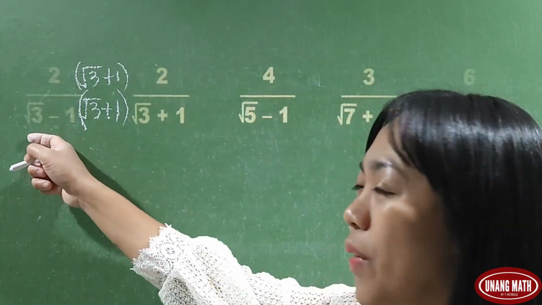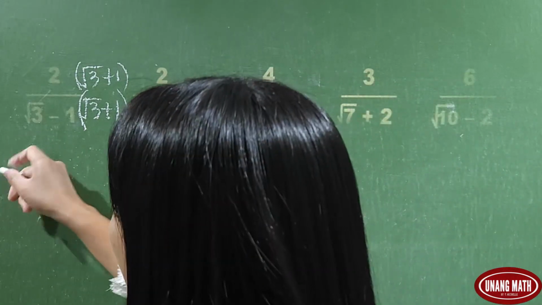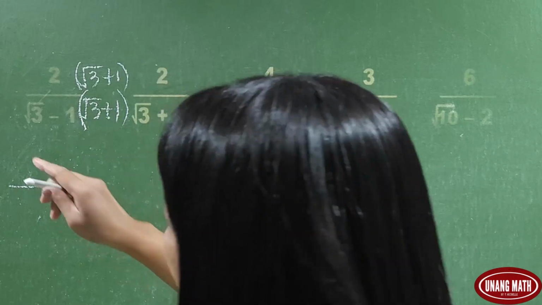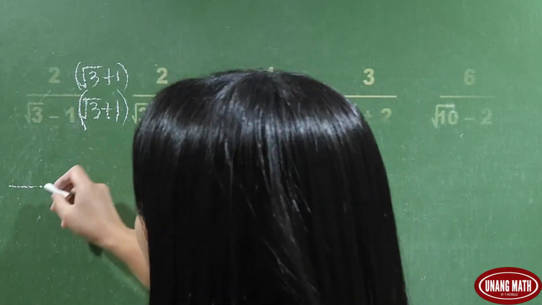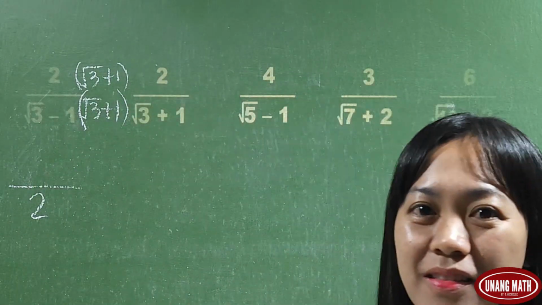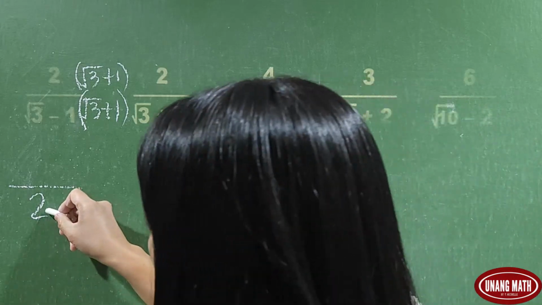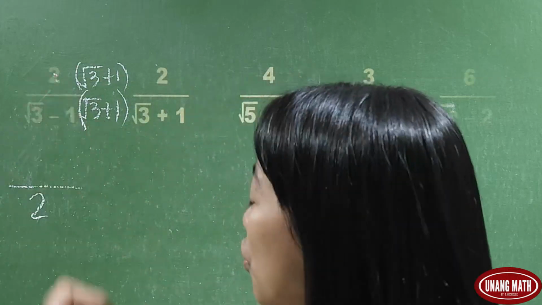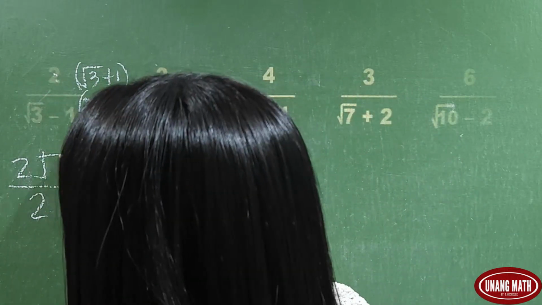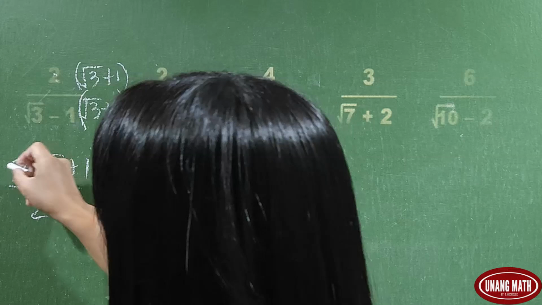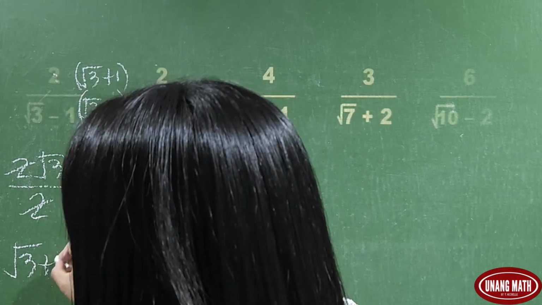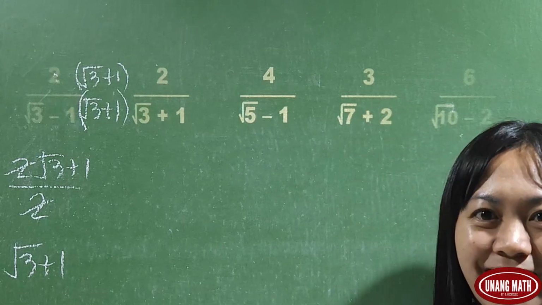So if we're going to rationalize the denominator of this fraction, then our denominator is 3 minus 1, which is 2. 2 is the denominator, and our numerator here is also 2. So this is 2 square root of 3 plus 1. So if we will simplify, then the result is square root of 3 plus 1.